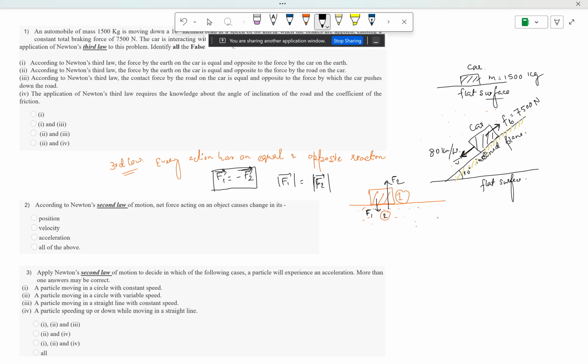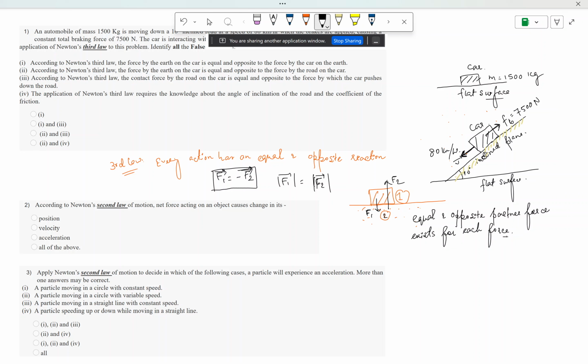So this is an equal and opposite partner force that exists for each force. This is Newton's third law.